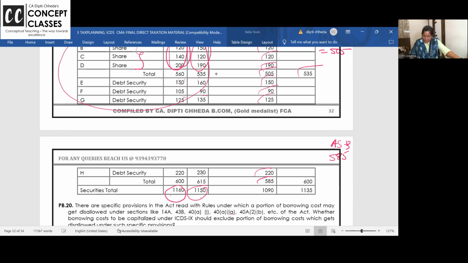This is the final total: cost is 600, NRV 615. So which one will you take? 600. So AS 13 is saying take 585, script wise, cost or NRV, cost or NRV. ICDS is saying total, which is actually not right.